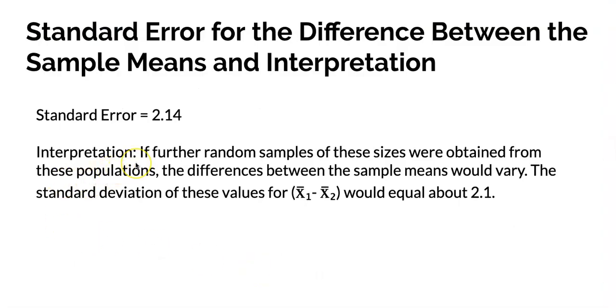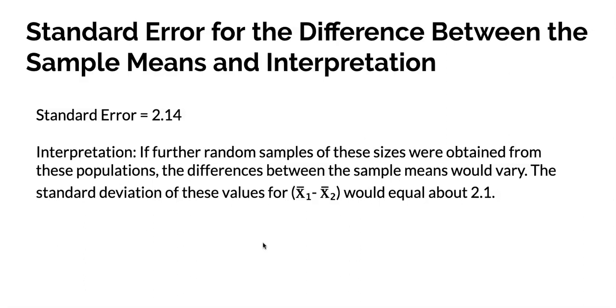The interpretation is this. If further random samples of these sizes, sample size 1 and sample size 2, were obtained from these populations, then the difference between sample means would vary, because one sample is not going to be exactly the same as the other.